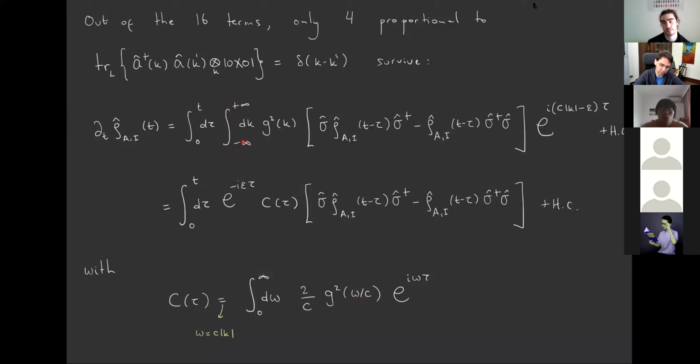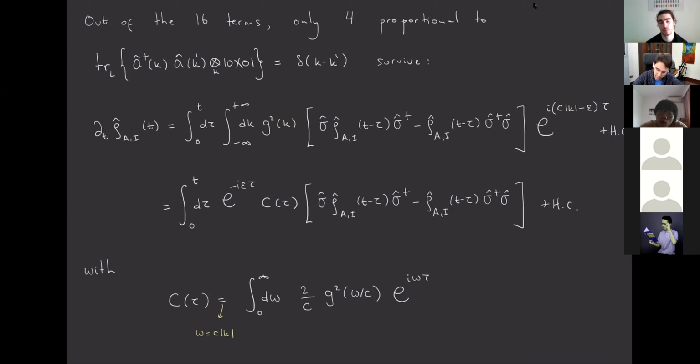Then the integration from minus infinity to infinity, I wrote as 2 times the integration from 0 to infinity, and then I changed k by omega divided by c, which gives a 1 over c from the differential. So at the end of the day, you have a function that looks like this. The reason why I wrote it like this is that, as you will understand in a second, it contains all the information about the environment and about the timescales of the problem that are relevant to understanding whether the Markov approximation can be done.